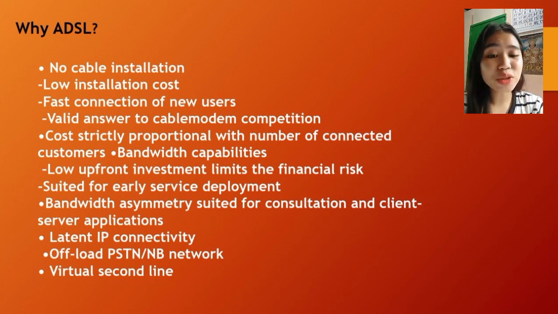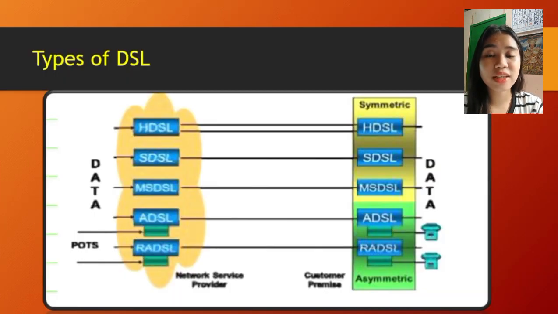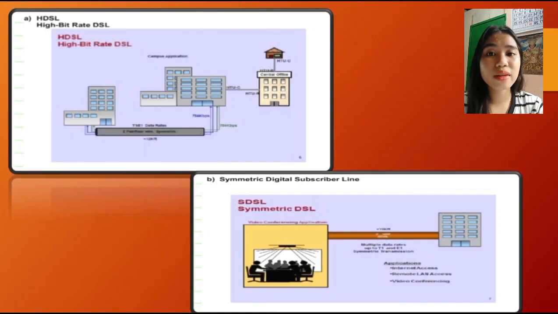So, since I mentioned ADSL earlier, ADSL, or asymmetric digital subscriber line, is a type of digital subscriber data communication technology that enables faster data transmission over copper telephone lines than a conventional voice band modem can provide.